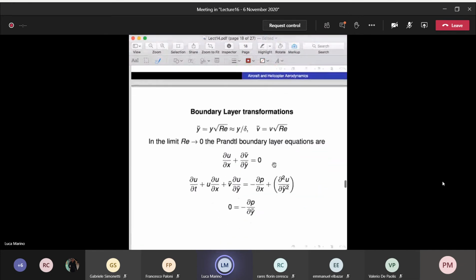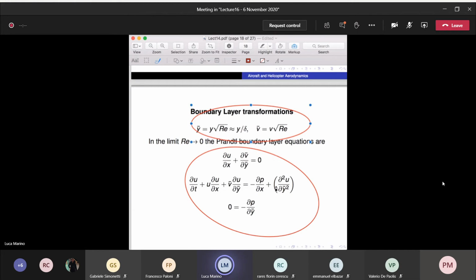And this is important because, as you see, the boundary layer can be written, following this change of variables, in a way that is not dependent on Reynolds. This is not possible with Navier-Stokes. So what is important is that with the boundary layer, you can solve just once the set of equations, and then using this expression, you can put in the post-processing the effect of the Reynolds. So you solve this set of equations where you do not have any parameters.